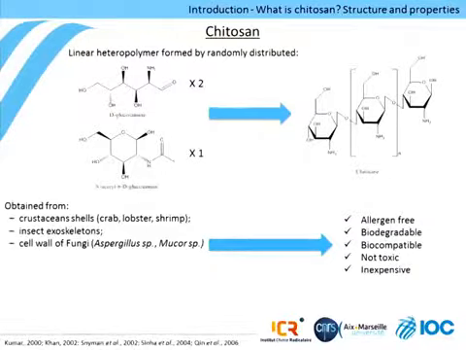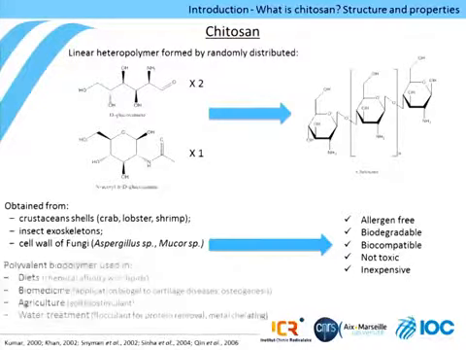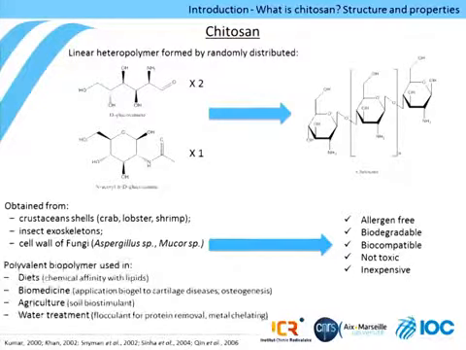Therefore, chitosan can be obtained from a number of things: crabs, lobster, shrimps, insect exoskeletons, and the cell wall of fungi, which provides the well-known fact of being allergen-free, non-toxic, biodegradable, biocompatible, and cheap. Chitosan has therefore been exploited in several domains, especially in biomedical applications.